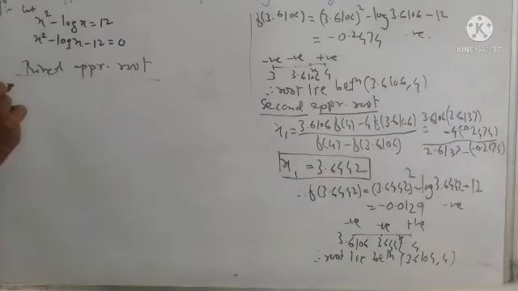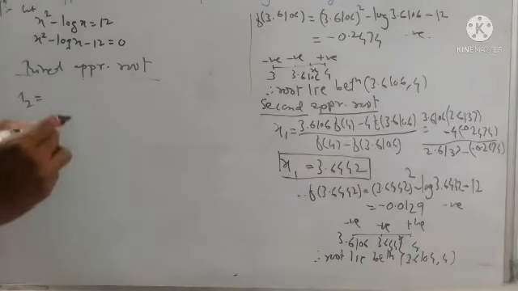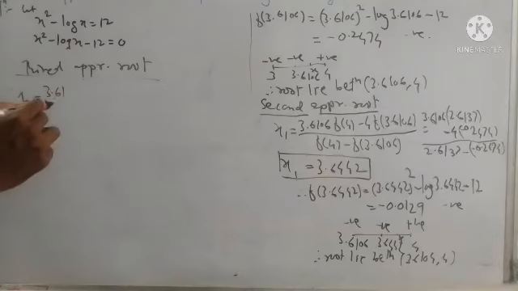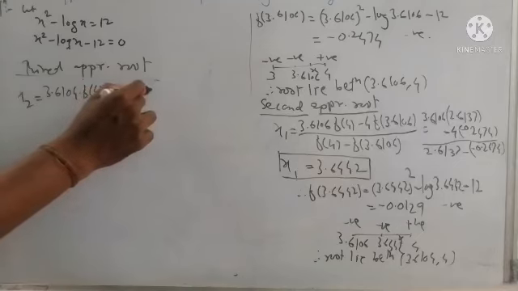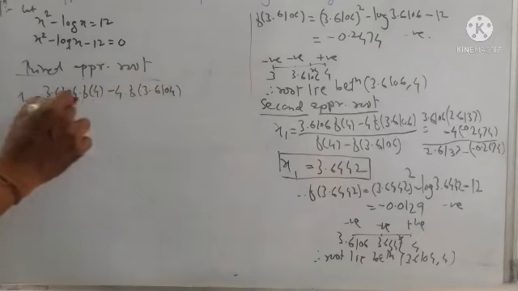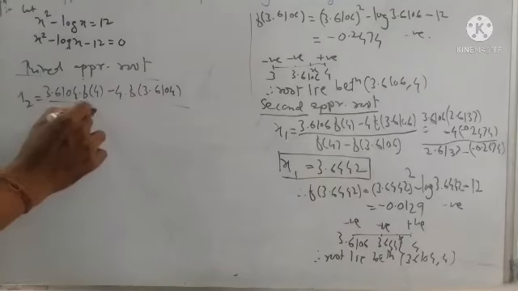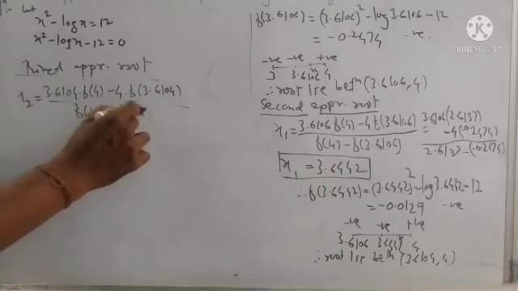The next approximate root is represented by x2. So for the first endpoint, 3.6442 multiplied by the function at the second endpoint 4, minus 4 multiplied by the function at 3.6442, divided by the function at 4 minus the function at 3.6442.